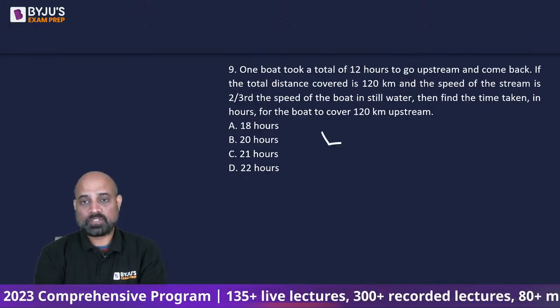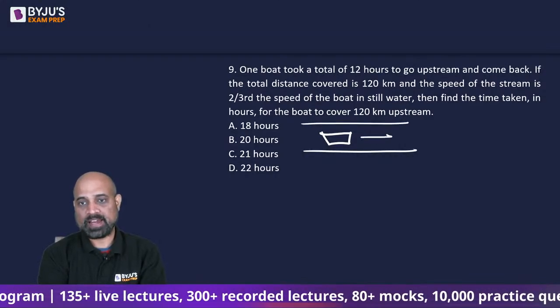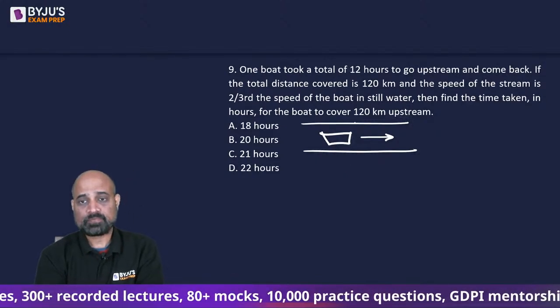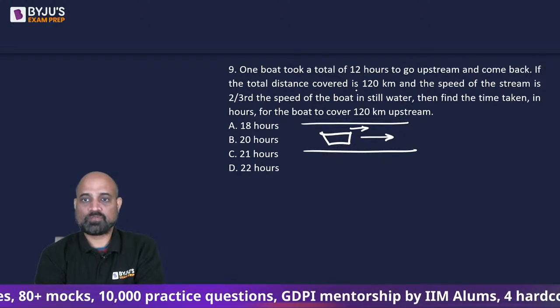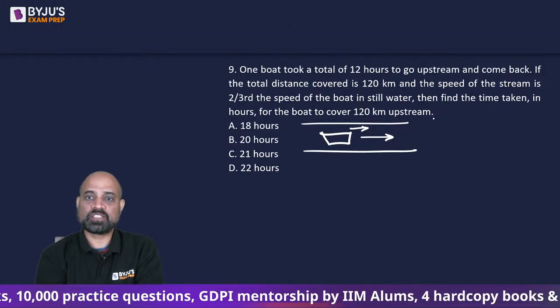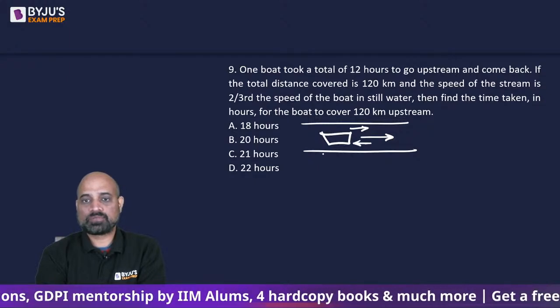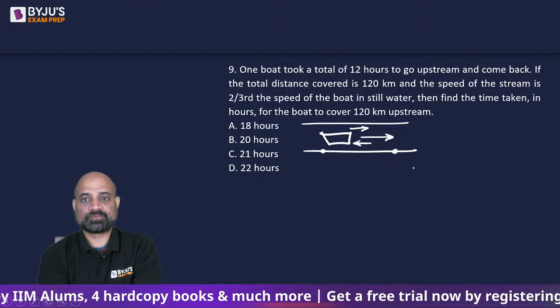So there is a boat, there is a river, and this is the stream direction. So what happens is a boat covers 120 kilometers total distance and it goes certain distance and comes back.